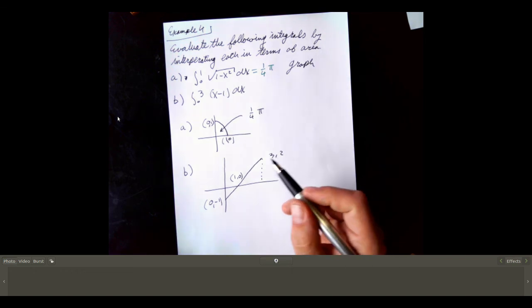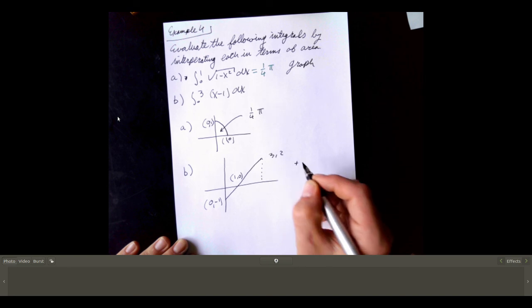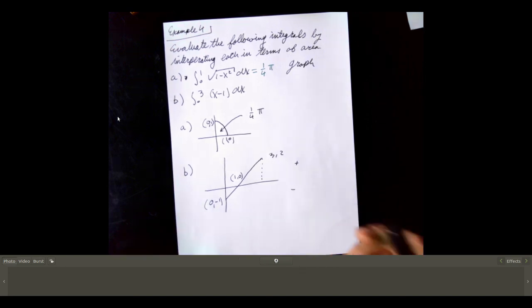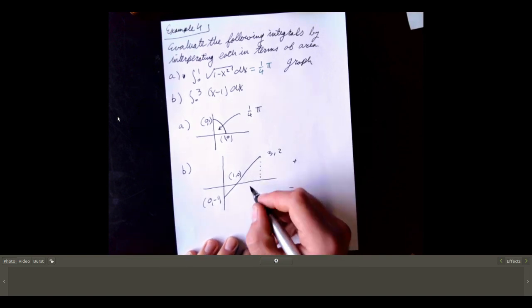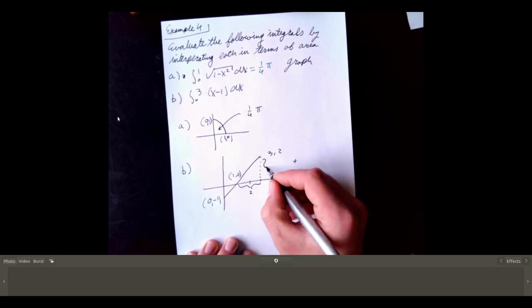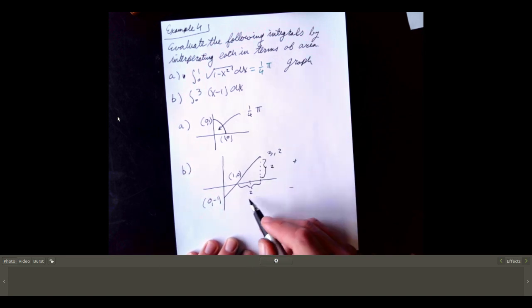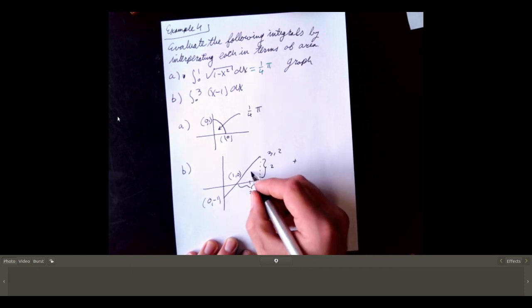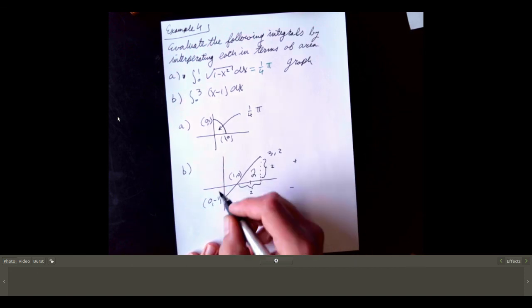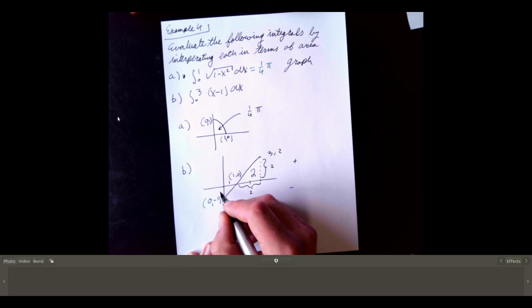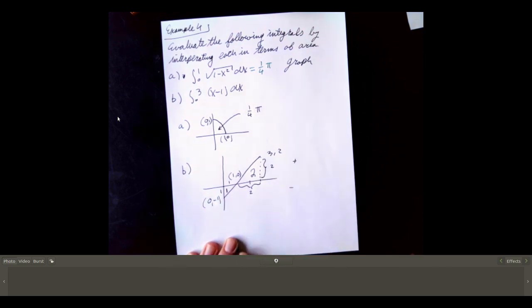So, if we wanted to evaluate this, remember that above the x-axis we get a positive value for area, and beneath the x-axis we get a negative value for area. This triangle has a base of 2 and a height of 2. Base times height divided by 2 is 2. Now down here we've got a base of 1 and a height of 1. So down here we have an area of 1.